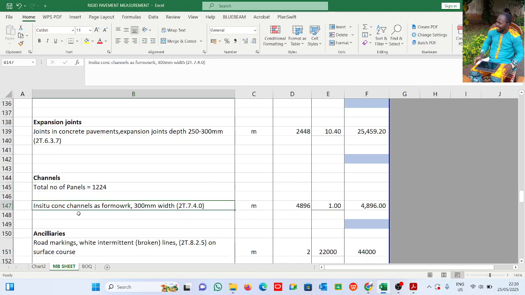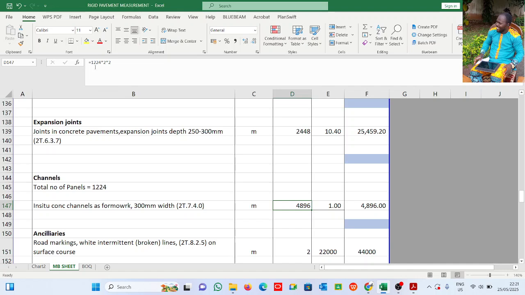All right, so we have in situ concrete channels, of course, as formwork. This is maximum thickness 300 mm width. You can see it also in the BSMM 4R. They are measured in meters. All right, we have 1224 panels. Now you have the channels on one side and on the other side, the same thing on the other side of the road, because you have to put it on both sides of the road.